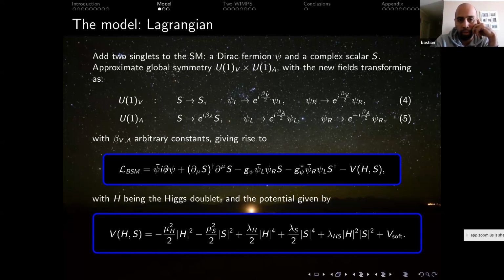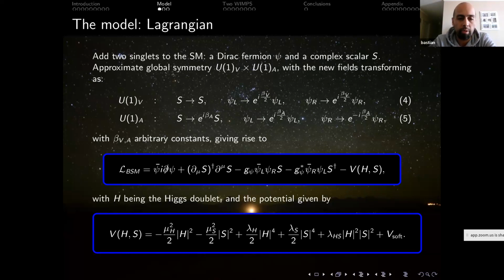Under a global symmetry, vector times an axial U(1), both fields transform in this way. Beta B and A are simply real, arbitrary constants, with which you can construct this Lagrangian.